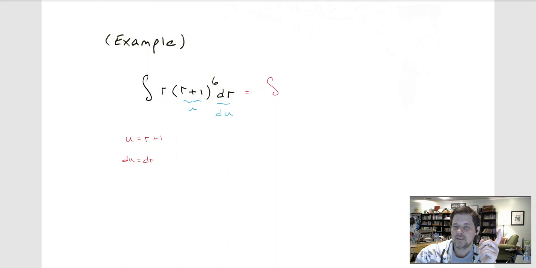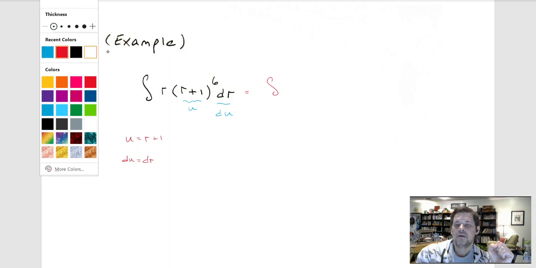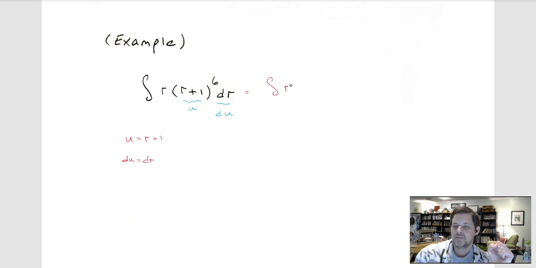So it looks like, right away, the things I chose for substitutions will have places to fit up there. I can put them somewhere. But look what happens if I do that. This is left over. I get r times u to the 6th power du. Okay? And that won't work.